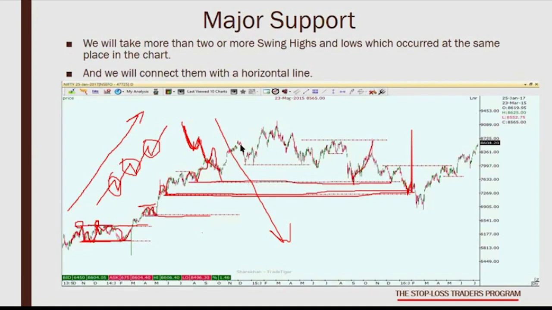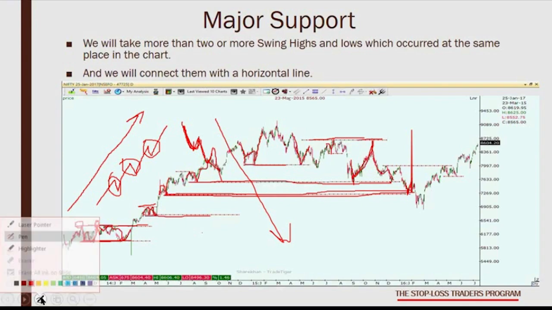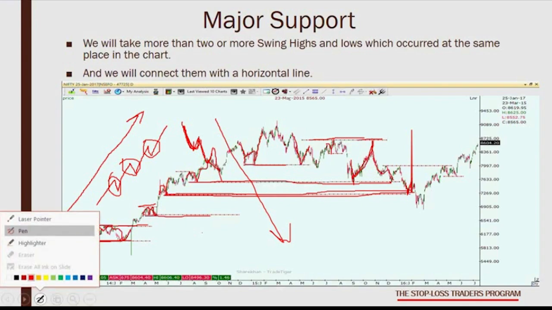Why does this happen? This happens because more orders of one kind are in that area, either buy or sell. Understand, when price got to this resistance here, there were more sellers and less buyers.